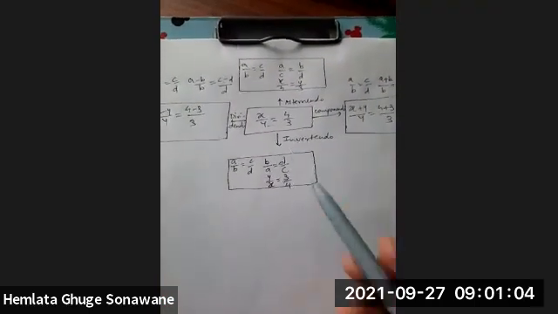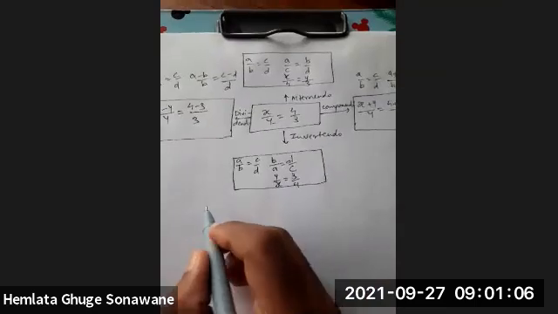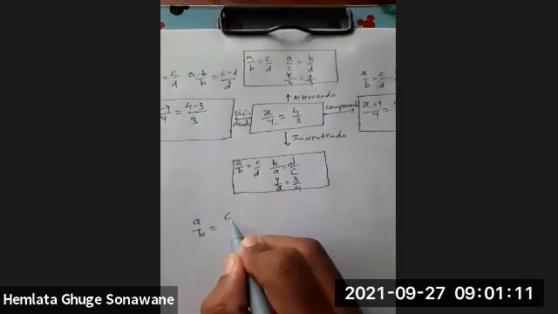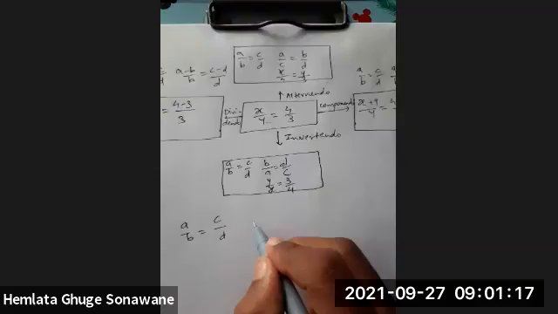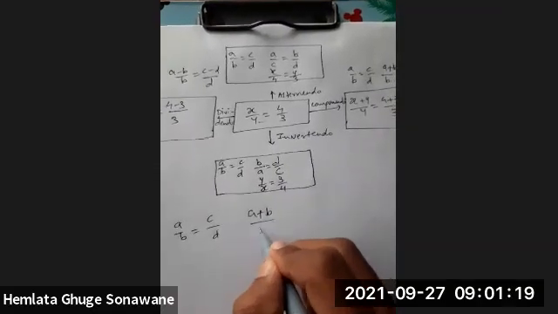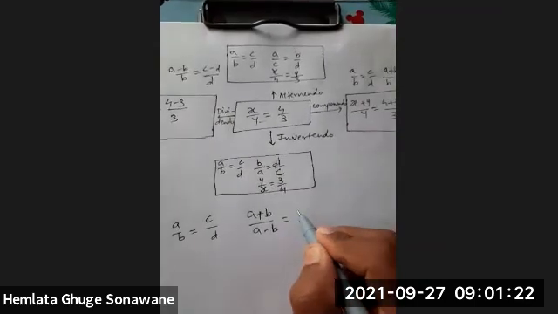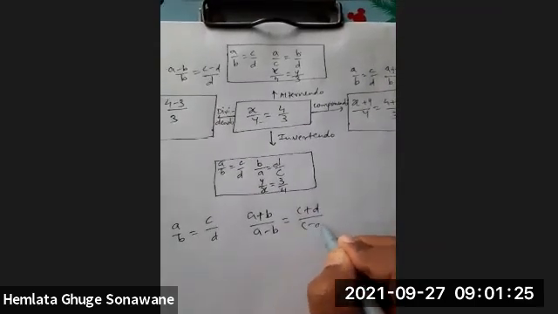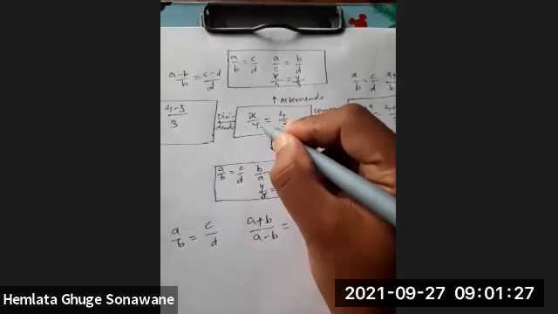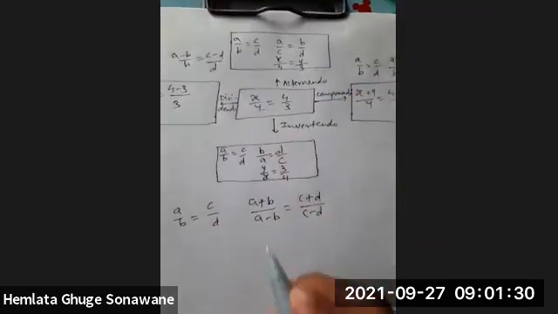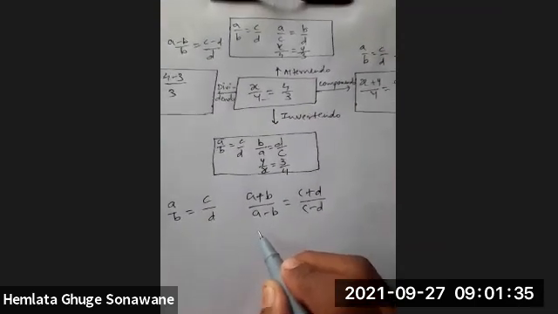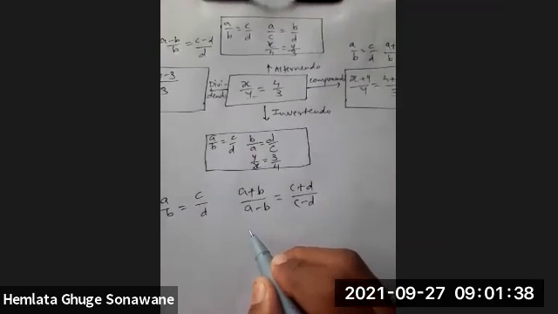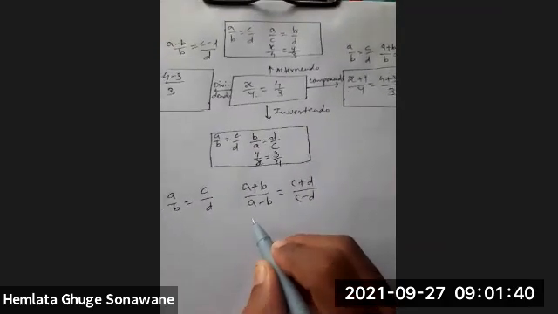Now what about componendo and dividendo? Wait, let me explain the rule. A upon B is equal to C upon D, then it becomes A plus B upon A minus B is equal to C plus D upon C minus D. Now explain this for x upon y is equal to 4 upon 3. Anyone, please unmute yourself and answer me for componendo and dividendo.